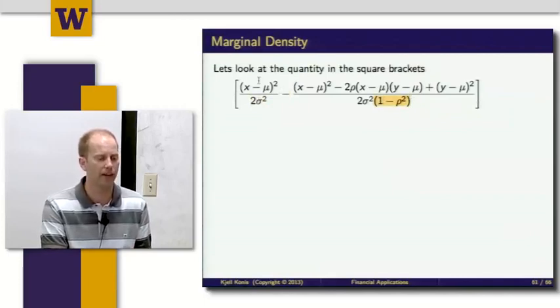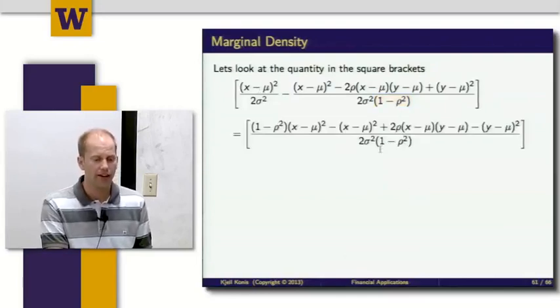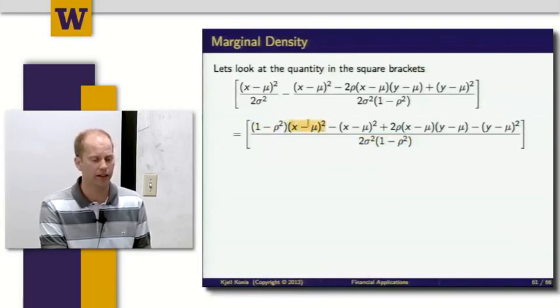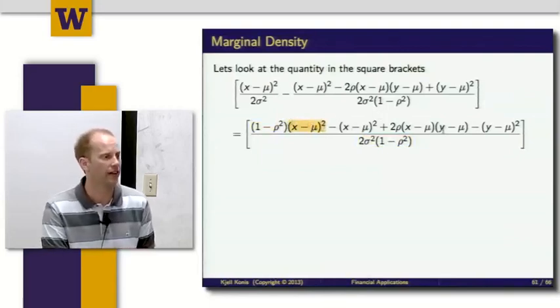So I need to multiply this first term by 1 minus rho squared over 1 minus rho squared. So if I do that, then I can put everything over a common denominator. And I have 1 minus rho squared times x minus mu squared, and then what I had originally.